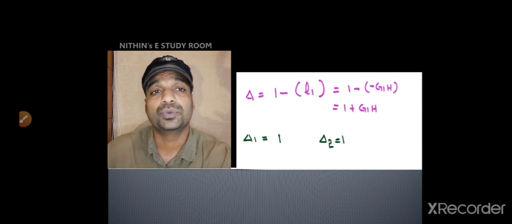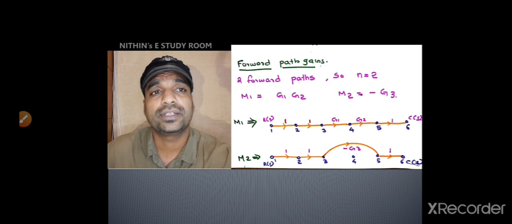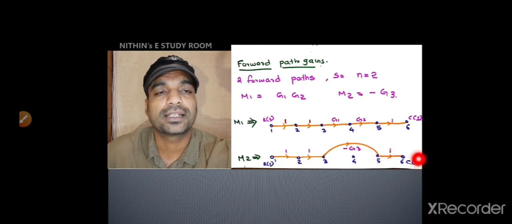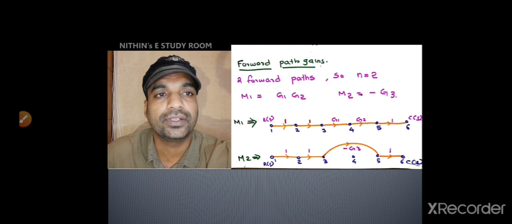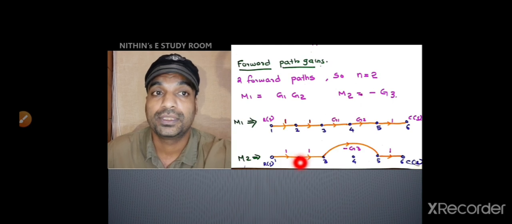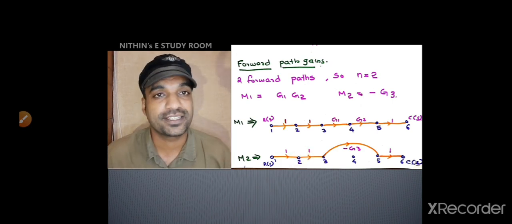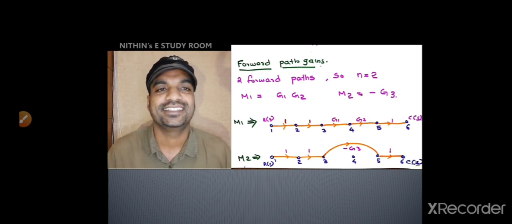And delta 2, that is also very clear. Delta 2 depends on the second forward path. In the second forward path, the loop comes in between 4 and 2. So it touches at 2, where the second forward path is passing. So no choice.